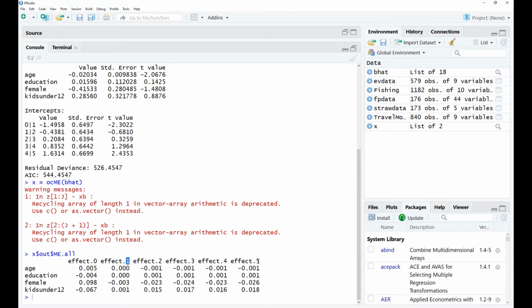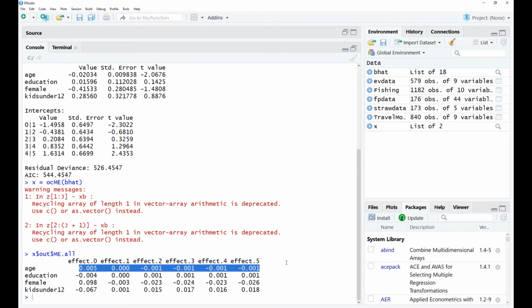Okay, this is something you can find on the slides. If age increases, so if a person gets older, the probability that they are in the lowest category is increasing. This is consistent with age being negative here. So in this model, the older a person gets, the fewer organic strawberries they purchase.